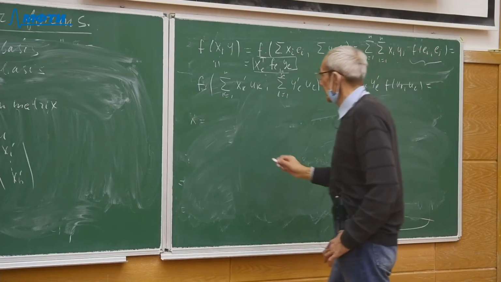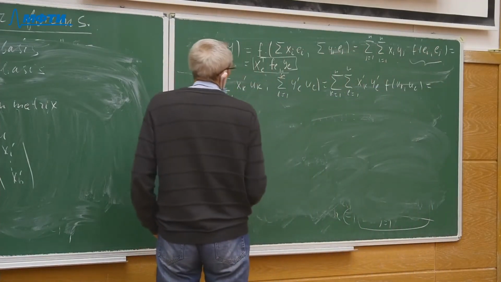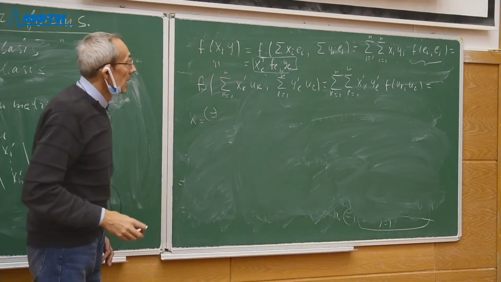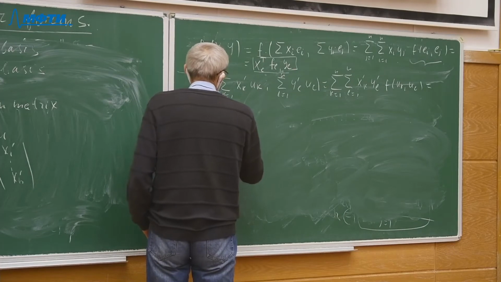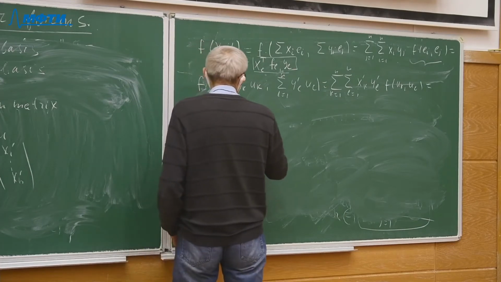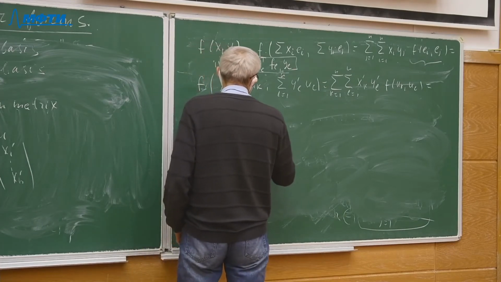Using matrix notation, the second formula can be rewritten in the same form: x_u transpose F_u y_u.